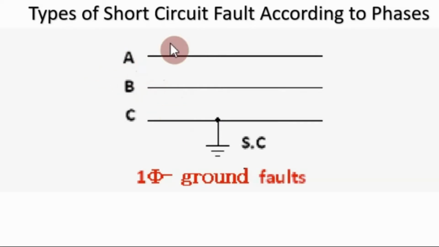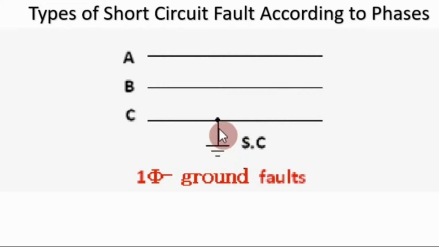Okay, so just a while ago you have already heard an explanation on a single phase. Now we are dealing here with a three-phase system. To have these types of short circuit fault, the first one is what we call the ground fault, the single phase ground fault. So you'll see here that this line C is connected to the ground.